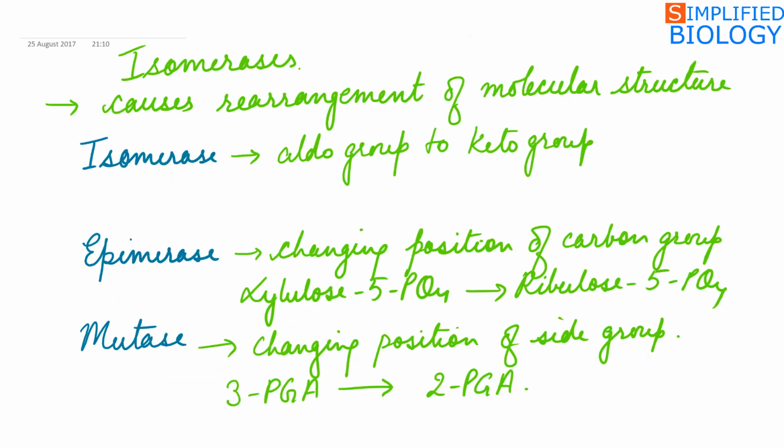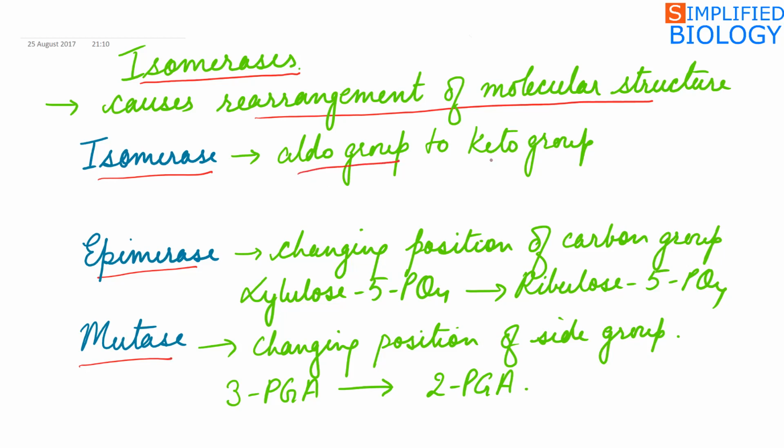Next, the isomerases. Isomerases cause rearrangement of molecular structure. They are of three types: isomerase, epimerase, and mutase. In isomerase, for example, aldo group is converted into keto group, glucose being converted into fructose.